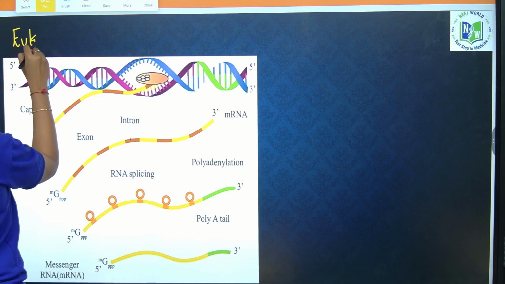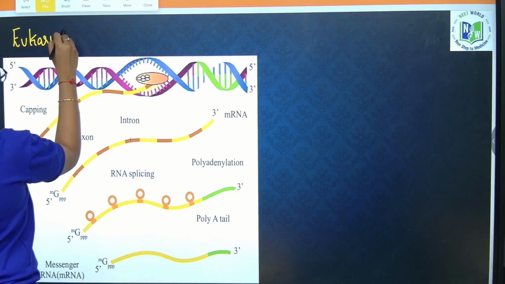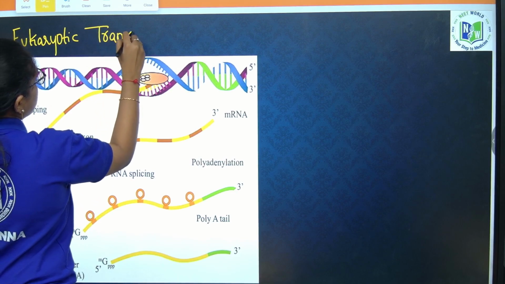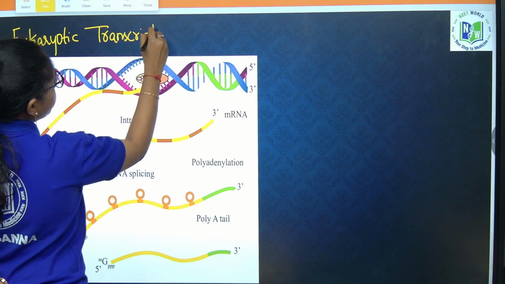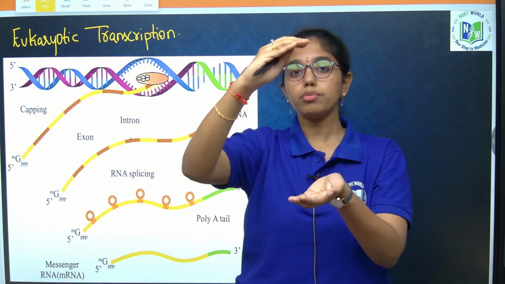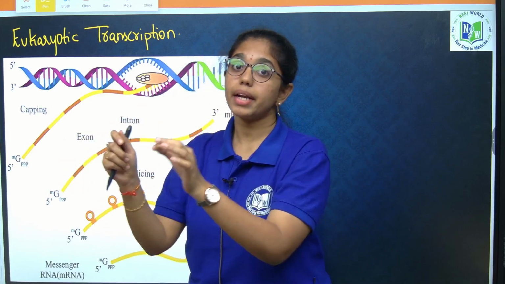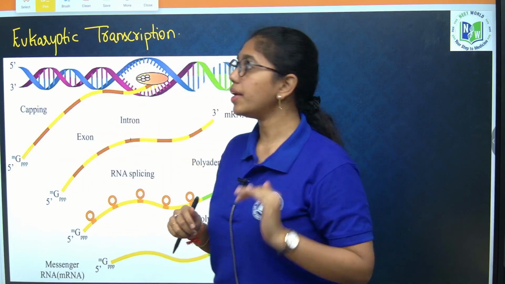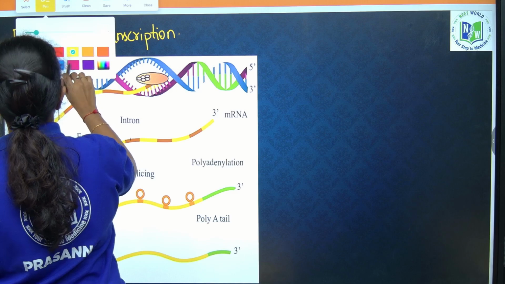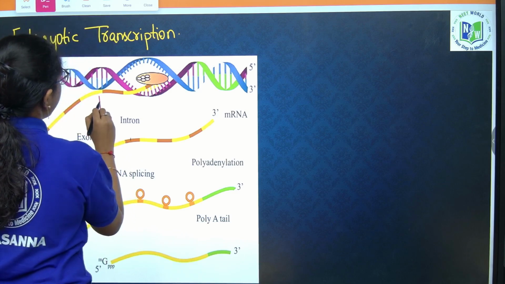In eukaryotic transcription, what happens? Firstly, the RNA polymerase along with sigma factor will bind at the promoter region. It forms a transcriptional bubble. mRNA will be synthesized. Here the mRNA is called heteronuclear RNA.